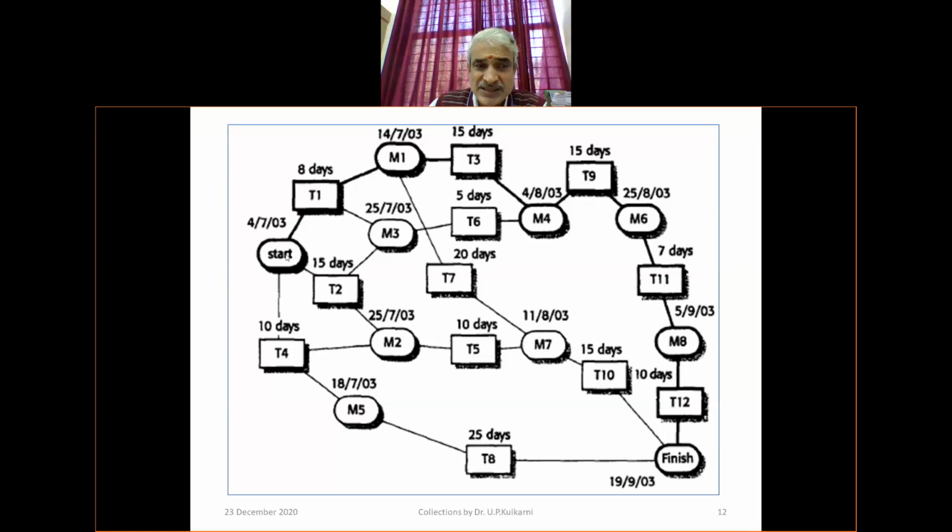One is the start point and the finish point. And you can have the start date. These are all date indicators of when it's going to begin. And how many days are required from start for T1 to complete, say 8 days. Somewhere people also write milestones. Milestones are nothing but the important things, deliverables or important visibility for your project.